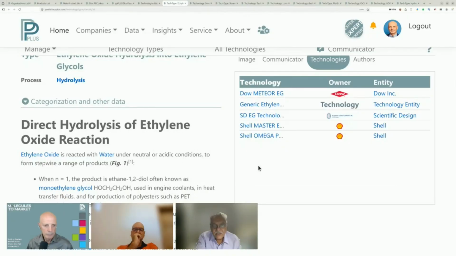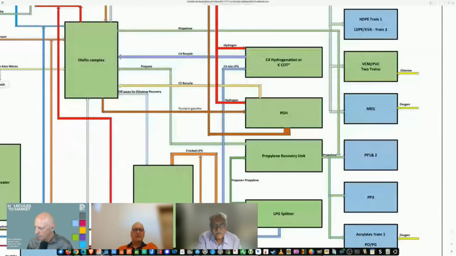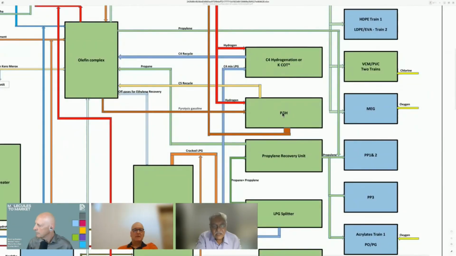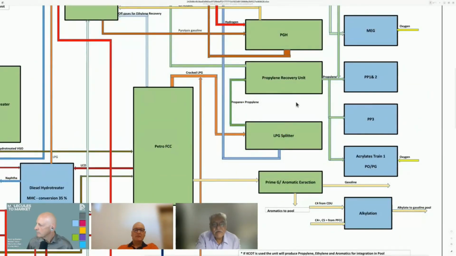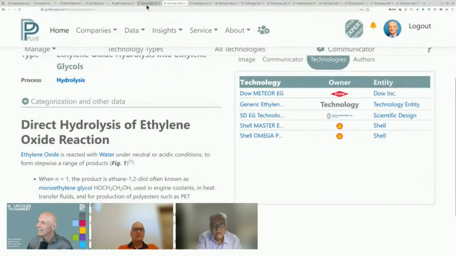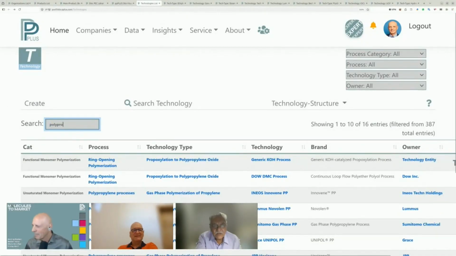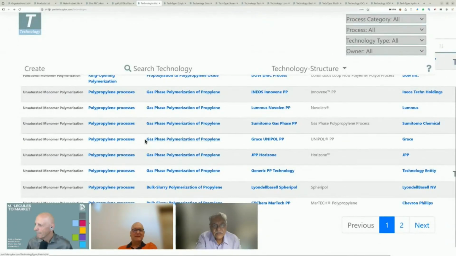Then come further down. On the chart, polypropylene: you got plenty of licenses. Polypropylene, you got Grace, you got Basel, INEOS.